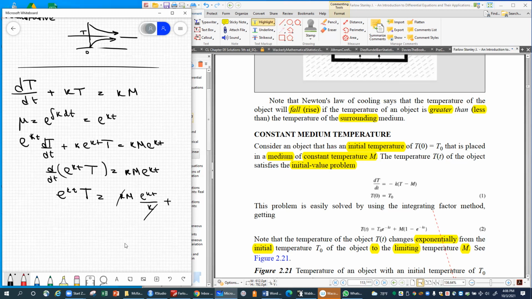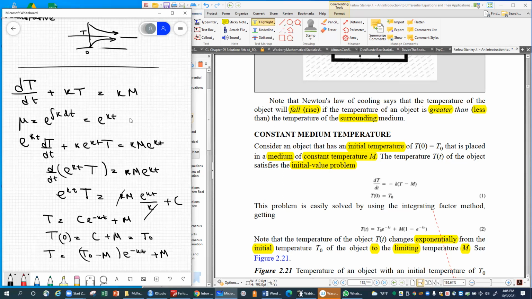So T then is C e^(-kt) plus M. And if you use the initial condition, T of 0 is C plus M equal to initial temperature T0. So then T is (T0 minus M) e^(-kt) plus M.